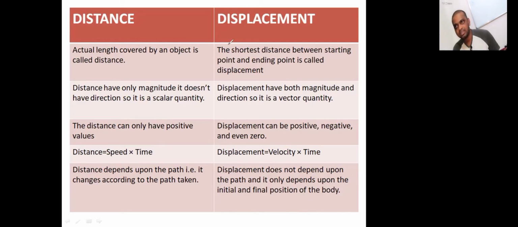Suppose the person moves like this, in this direction, from point A to point B. Now in the second scenario, he is moving in this path, A to B. In both situations, the displacement will be a constant value, the same, A to B. Clear? So it does not depend upon the path, it depends upon the initial point and the final point positions. I hope all of you understood this point.